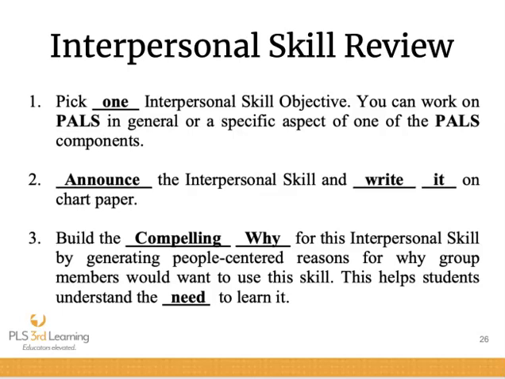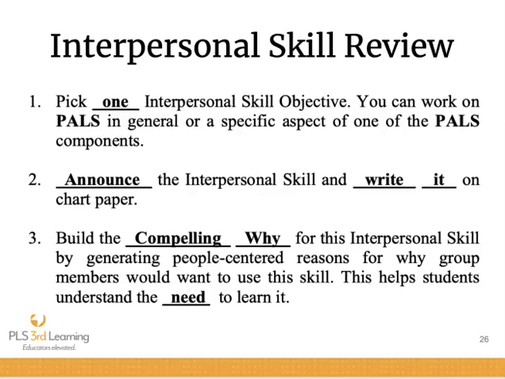Number 1, pick one interpersonal skill objective. You can work on PALS in general or a specific aspect of one of the PALS components. Number 2, announce the interpersonal skill and write it on chart paper. Number 3, build the compelling why for this interpersonal skill by generating people-centered reasons for why group members would want to use this skill.